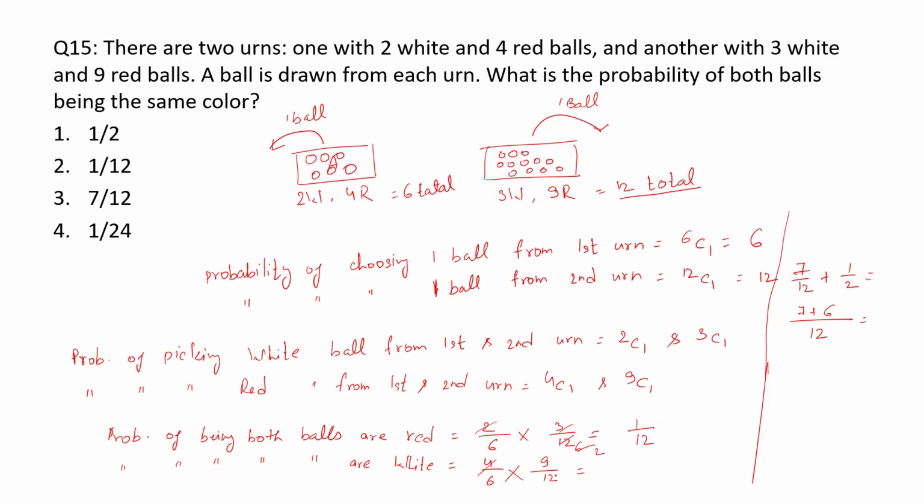Similarly this one, this 3 and this 3 cancel, and this goes to 2, so it is 1 upon 2. And now we will add these two. So probability of both balls being red is 1 upon 12. Probability of both balls being white is 1 upon 2. Now take LCM. LCM will be 12 only. So 1 plus this 6, that means 7 upon 12. This is the answer, 7 upon 12.